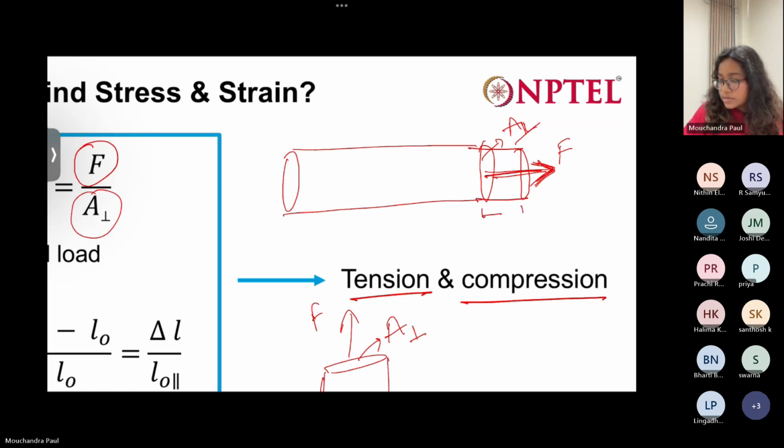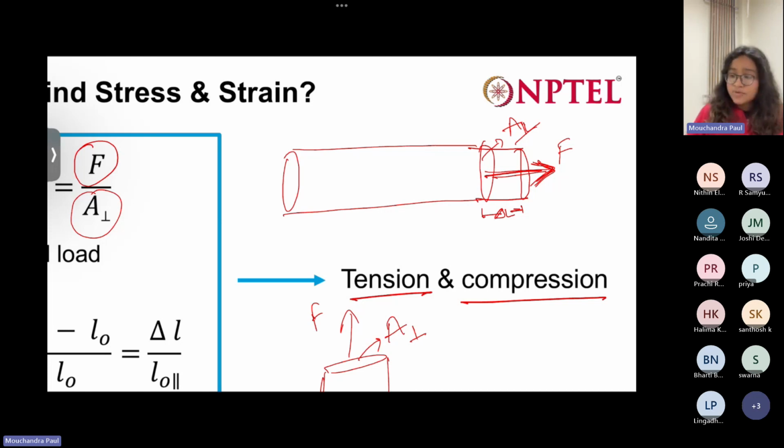You're giving a tensile force. In both of these diagrams, I'm giving a tensile force on the object. So the change in length is this delta L, because the change in length will always happen in the direction of the force.